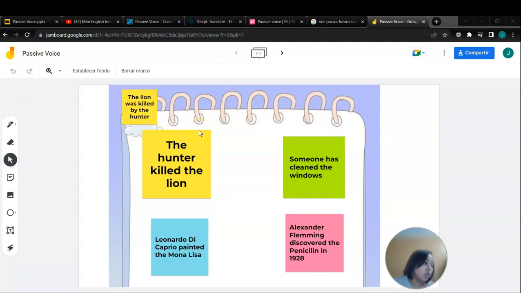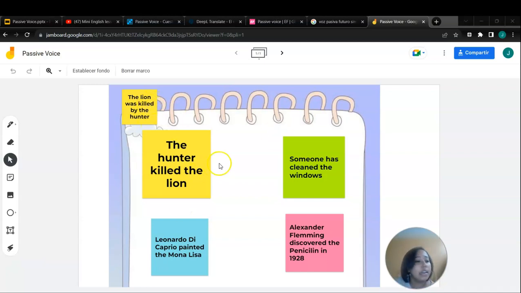Basically, you will go to this link that I'm gonna share with you in a couple of seconds. You will need to choose a sentence, right? These sentences are written in active voice, right? So what we will need to do is convert these sentences into passive voice, right? That's what we are gonna do.